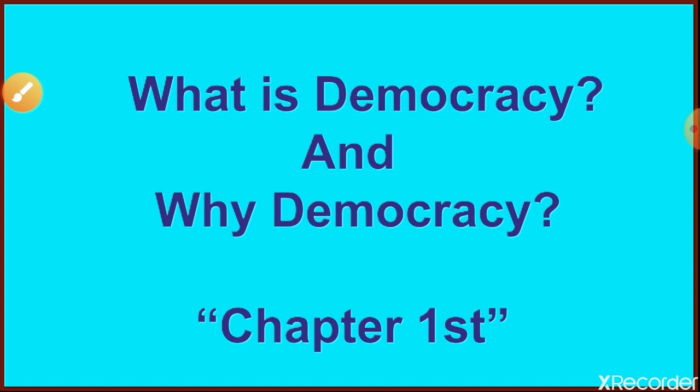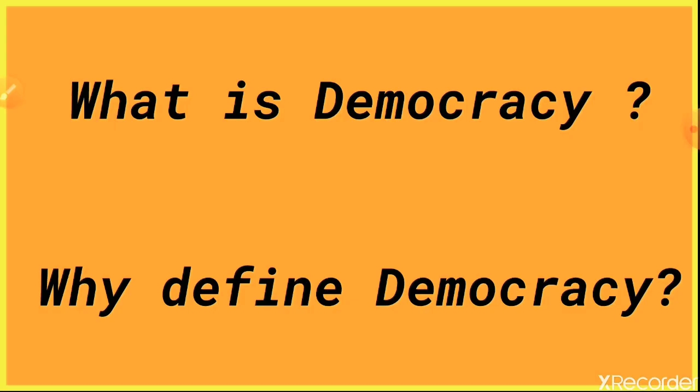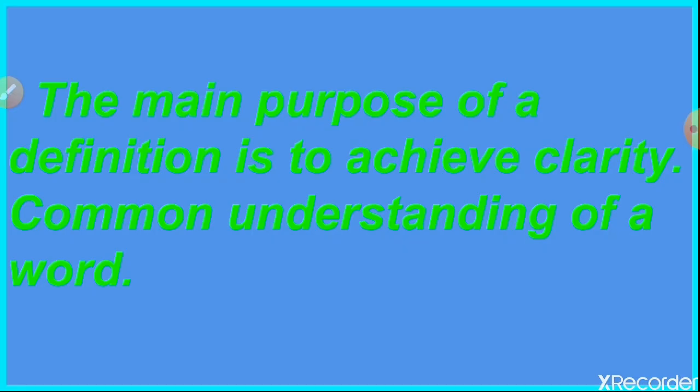So this is first chapter, what is democracy and why democracy. There is a first topic, what is democracy, and in this topic we have a subheading, why define democracy. So let's talk about definitions of democracy, why there is any need or not. According to me, the main purpose of definition is to achieve clarity, a common understanding of a word.